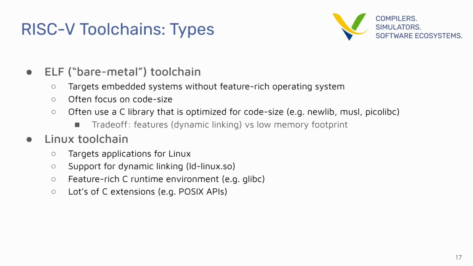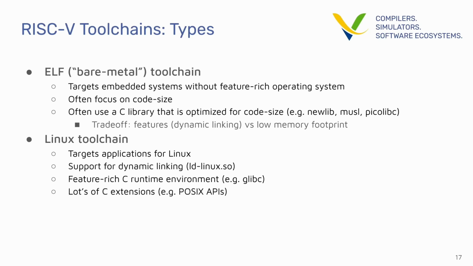Let's have a look at different toolchain types in the RISC-V ecosystem. I've picked two different examples which are very common. First of all, there is the ELF or bare metal toolchain. This toolchain targets embedded systems without feature-rich operating systems. Often, real-time operating systems with a specific purpose are used.